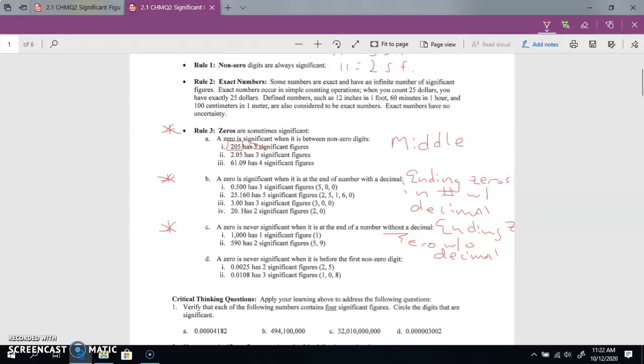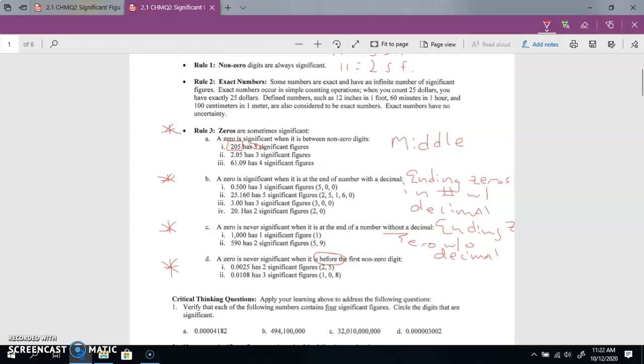This is rule 3D. This is beginning zeros. It says a 0 is never significant when it is before the first non-zero digit. See, these three zeros right here are at the beginning. Even though there's a decimal right here, this rule says that these three beginning zeros are not significant.